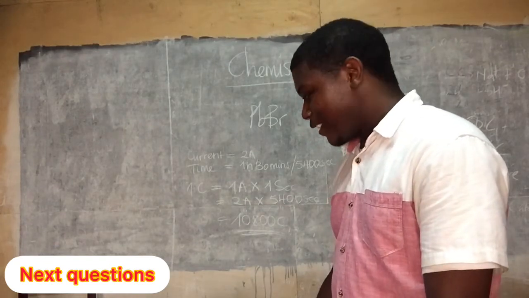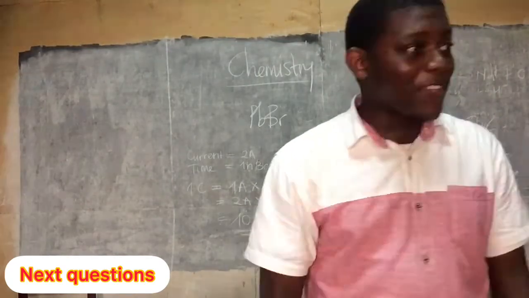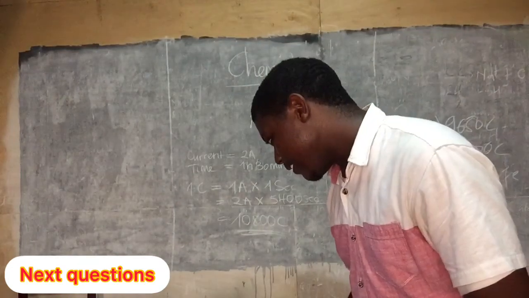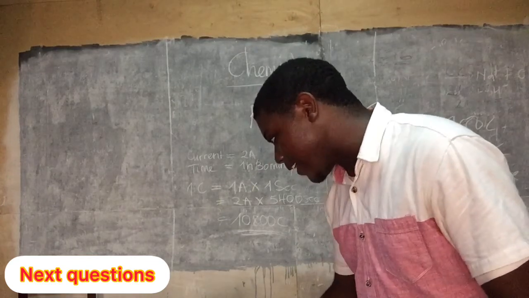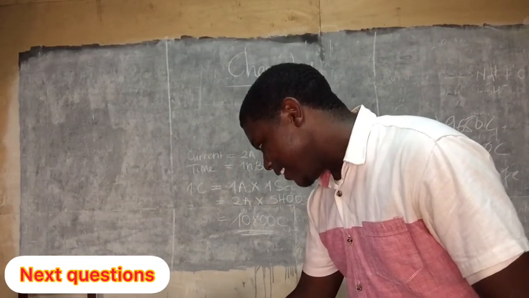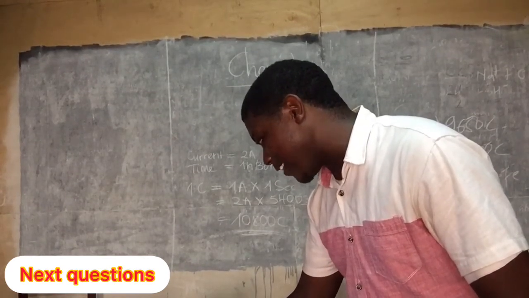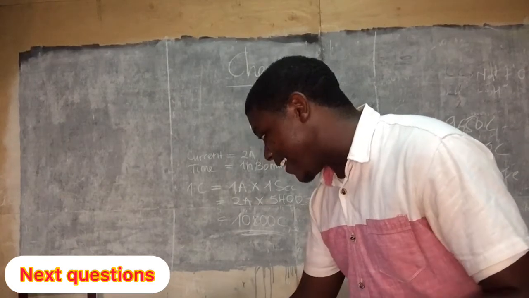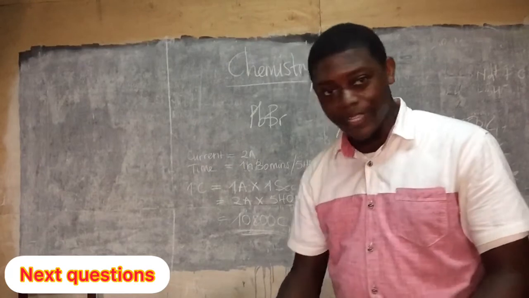If something is ionized partially, will it contain free ions? It has to contain ions. Listen, the question is about a weak electrolyte. Let's read again. A says does not allow electric current to flow through it.